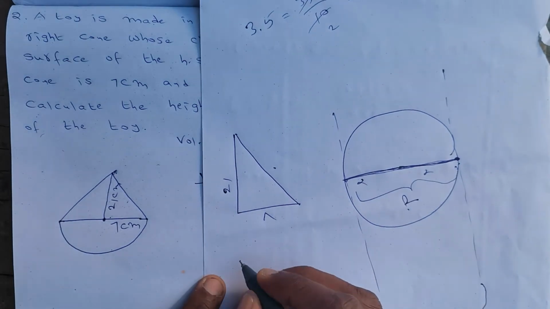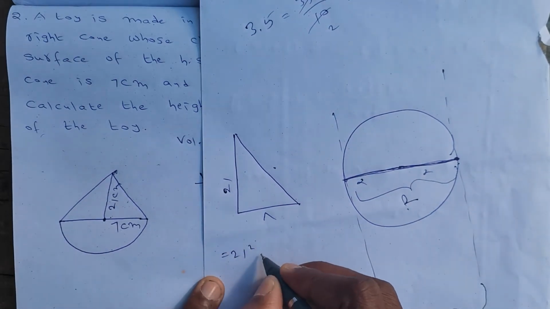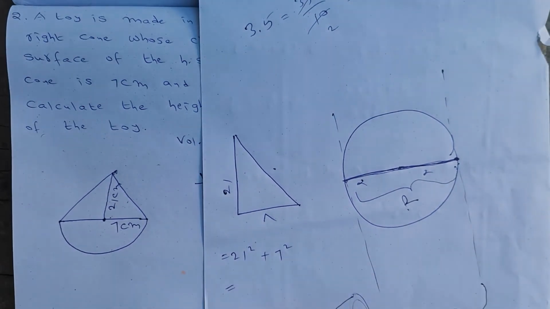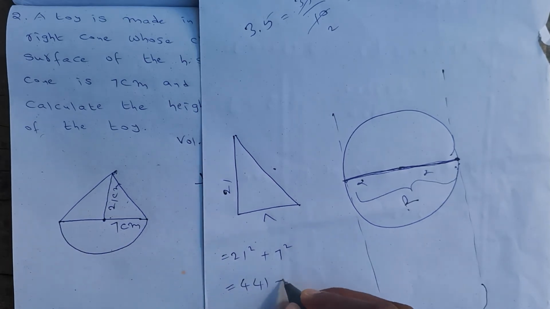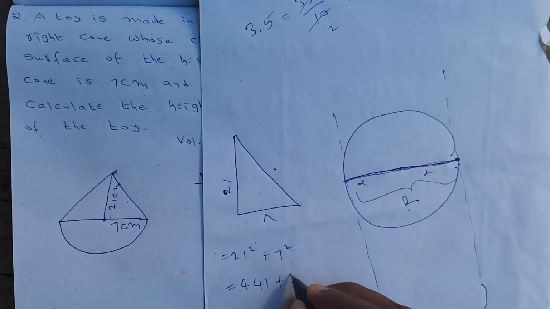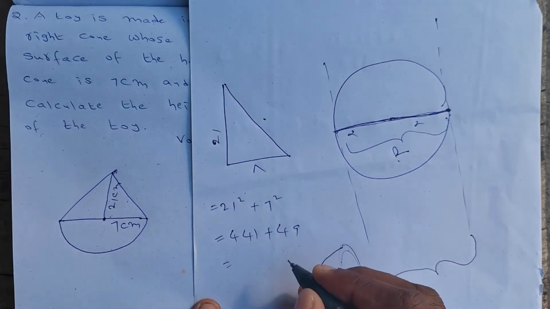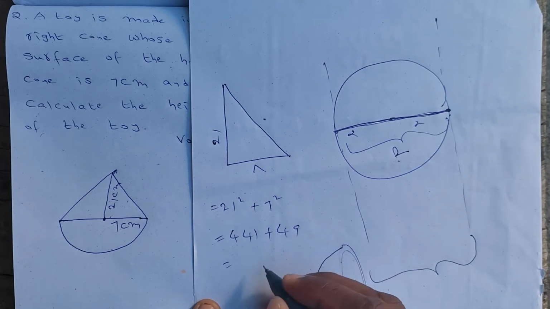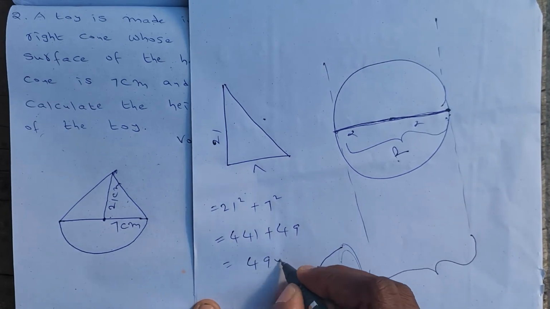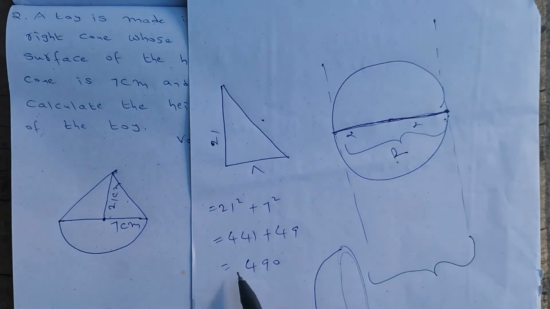So hypotenuse square is equal to first side square plus second side square, 21 square, that is 441, plus 7 square, which is nothing but 49. So 441 plus 49 is equal to 490. Hypotenuse square is 490.